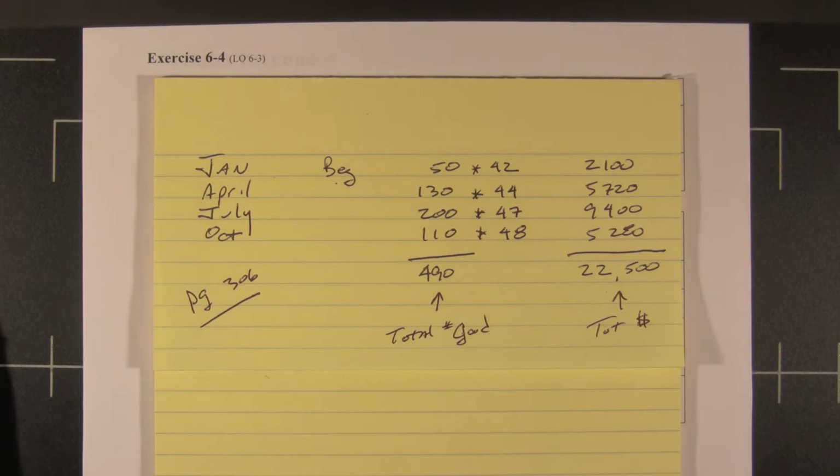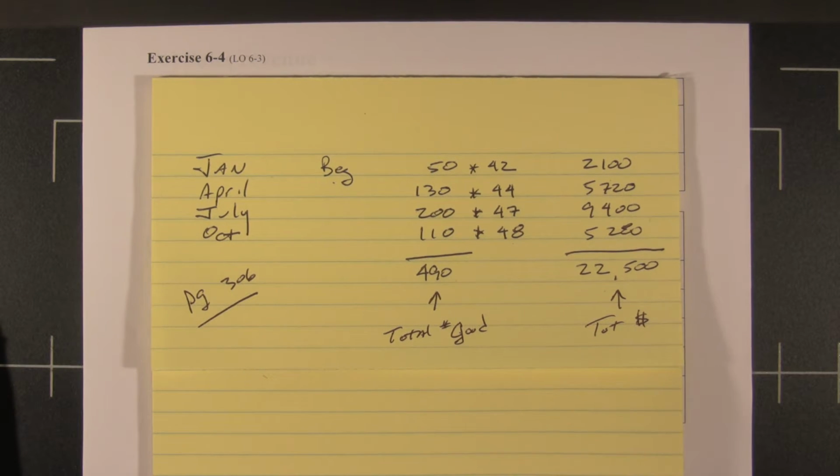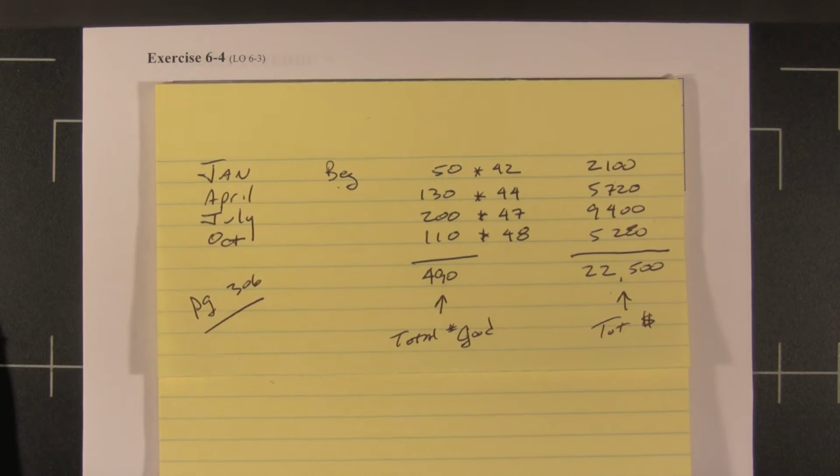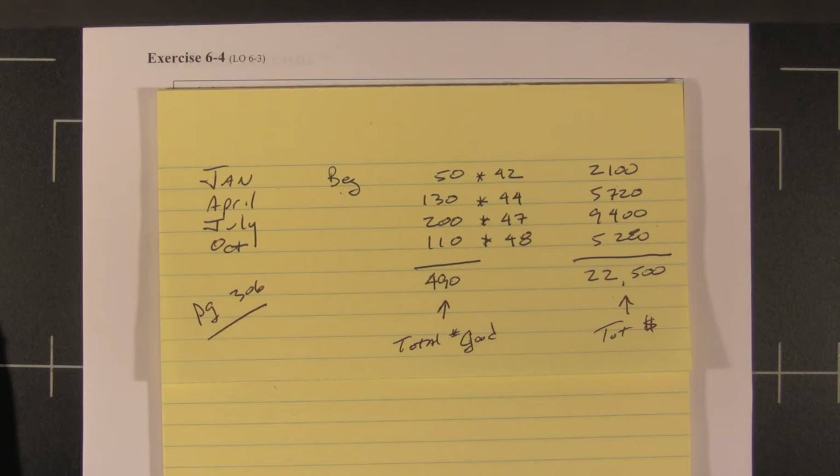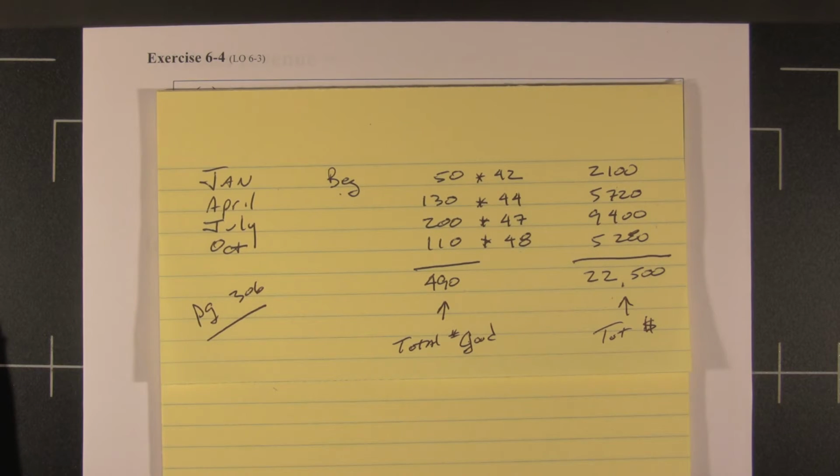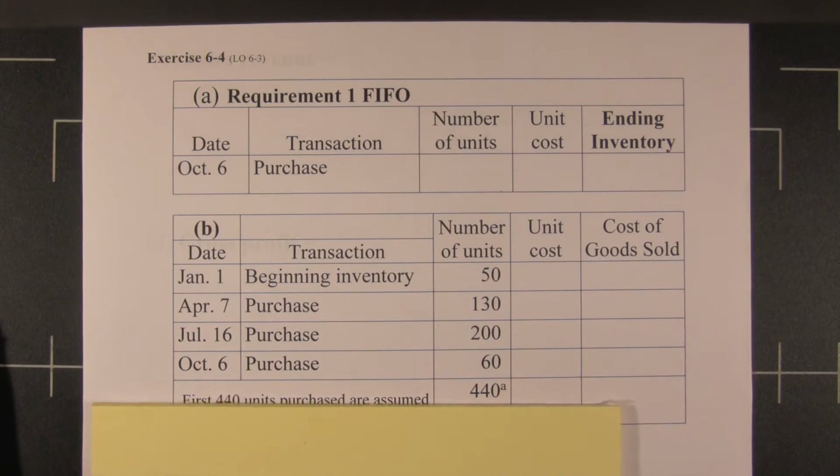So, let's take a look and see what it asks us first. It says, using FIFO, calculate the ending inventory, the cost of goods sold, and the sales revenue and the gross profit. FIFO means first in, first out. So it tells us the ending inventory. Oh, we have to actually compute the ending inventory.